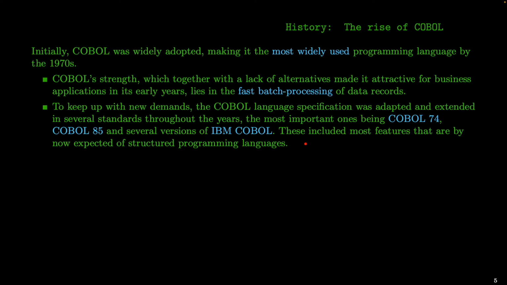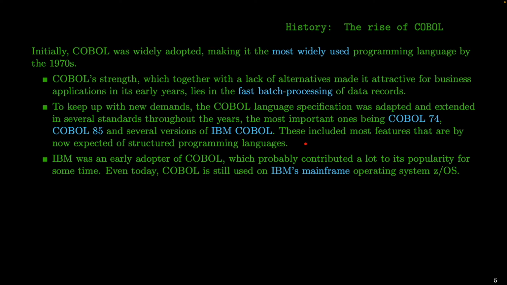With these newer standards, more common features of programming languages were introduced. So COBOL was modernized to some extent, but still to this day retains its archaic charm. And still some things are rather difficult to code in COBOL that are, I would say, easily doable in almost every other modern programming language.